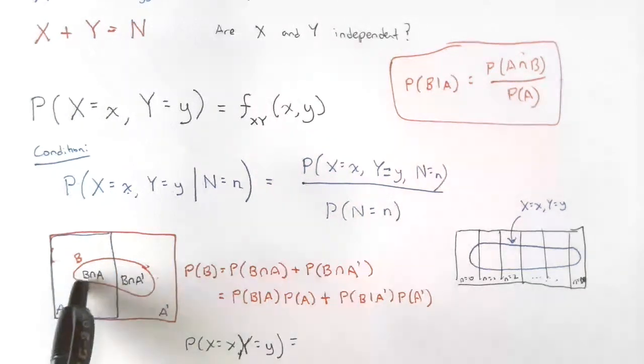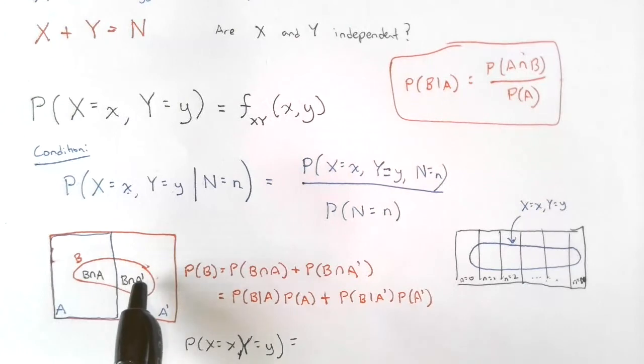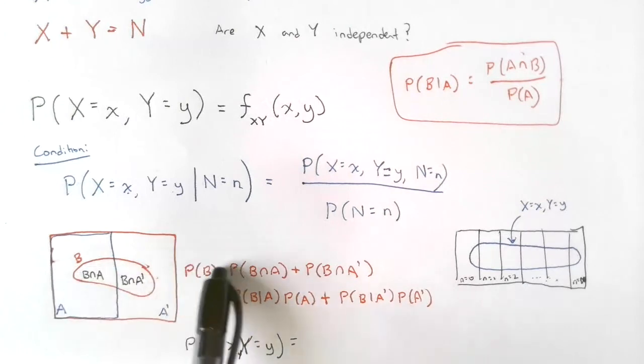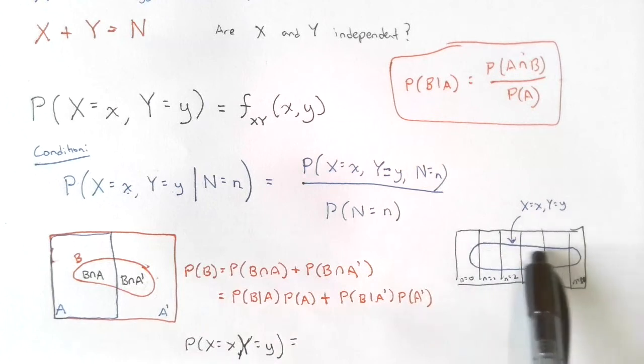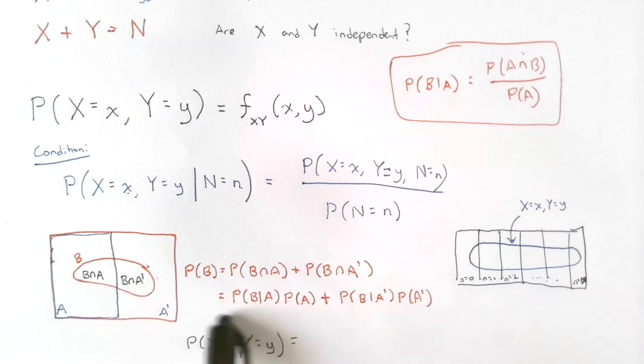In our simplified example, we look at B as the blob that we're looking for. In our particular example, the blob is simply x and y, which is what I just wrote here.